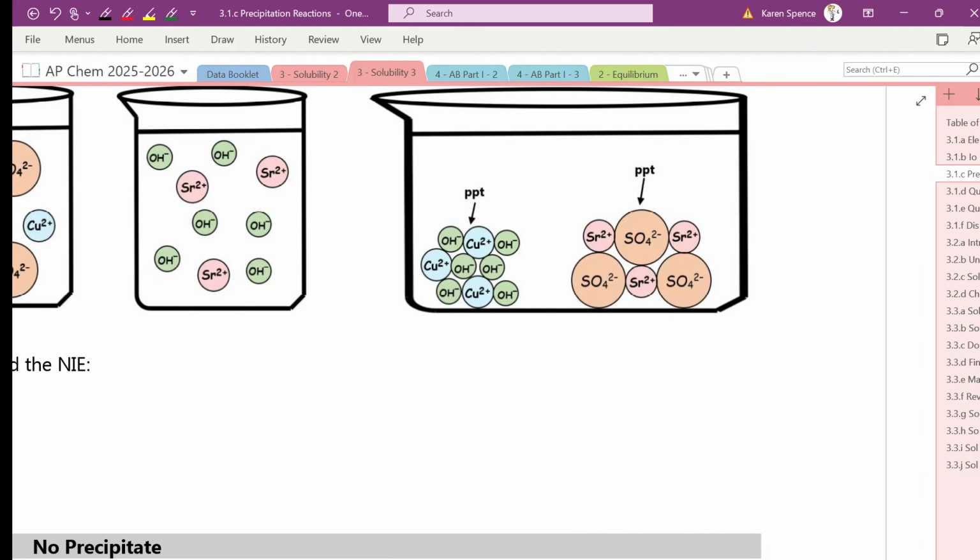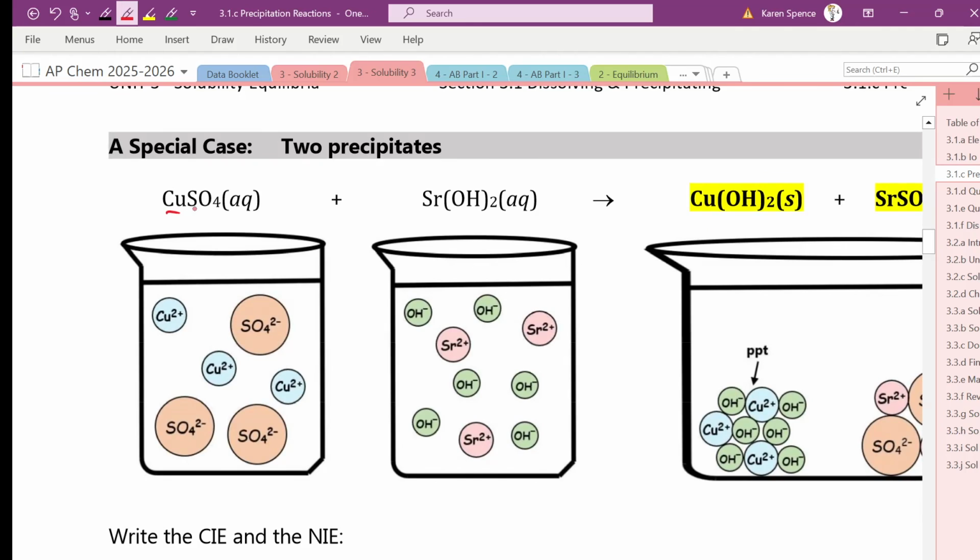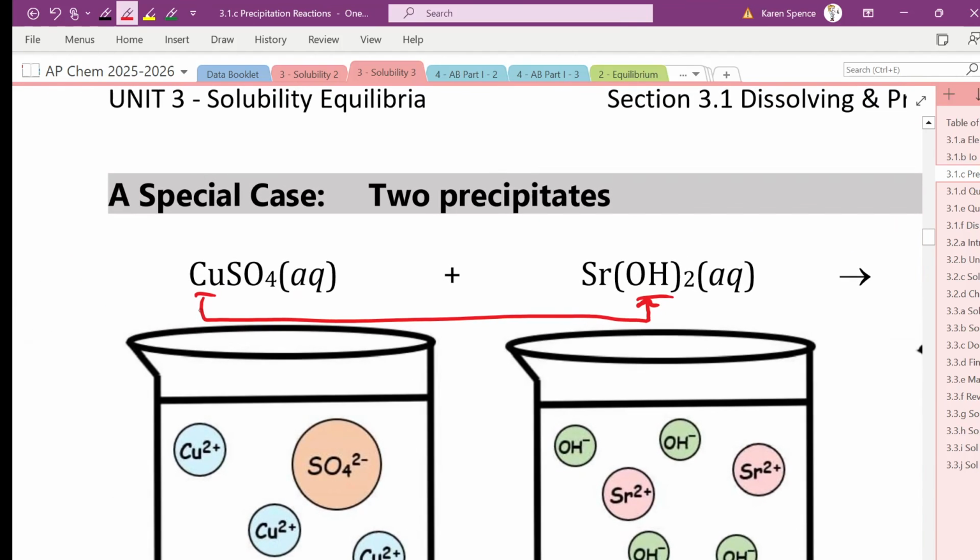So in this case, you would take your copper and your hydroxide, you would put those two together. Do you know the charge of the copper here? Yes, it's 2+. So you have to take that into account. If it is a transition metal, you must say what charge that transition metal is. And you'll know that because sulfate is 2-.